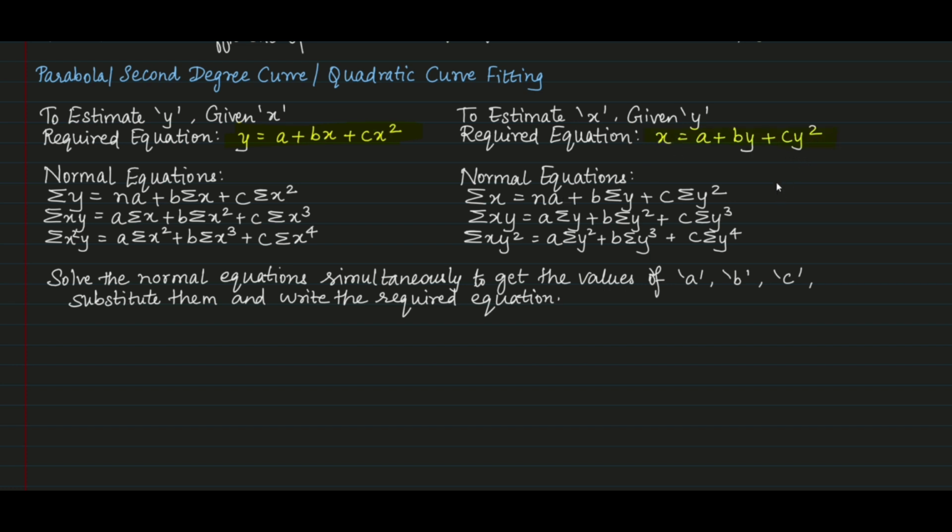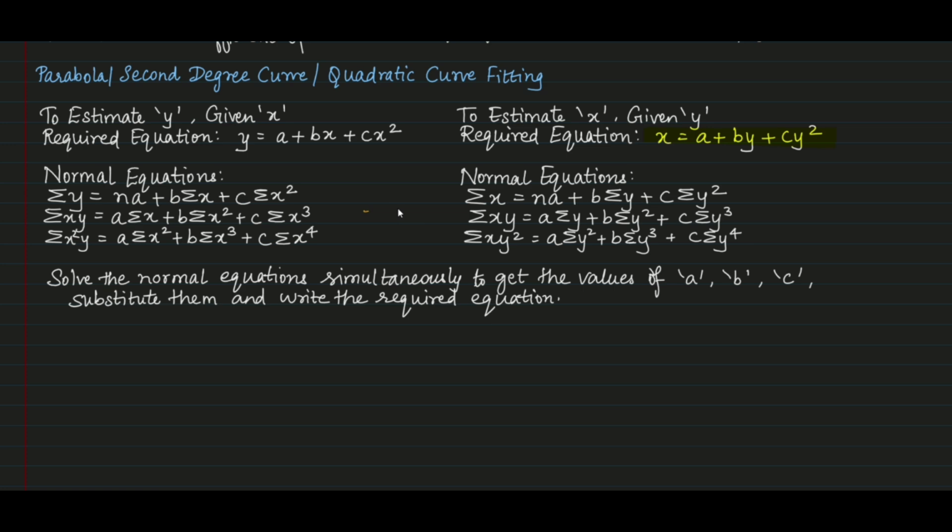If it is not clearly mentioned in the question which variable is to be estimated or which is the given variable, in that case, we always assume that x is the independent variable and y is dependent on x. So y will be a dependent variable. We assume that y is a function of x, when it is not explicitly mentioned in the question.